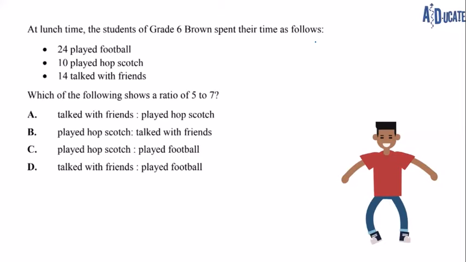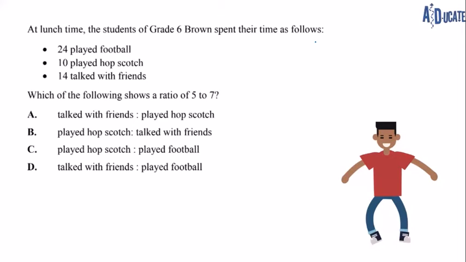Basically a ratio shows the relative sizes of two or more figures. The students in the class were divided up into 3 groups, but we're looking for the 2 groups that would show a ratio of 5 to 7, meaning those 2 groups in terms of their numbers should be the same as if we were saying they were divided into a group of 5 students doing a particular activity and another group of 7 students.